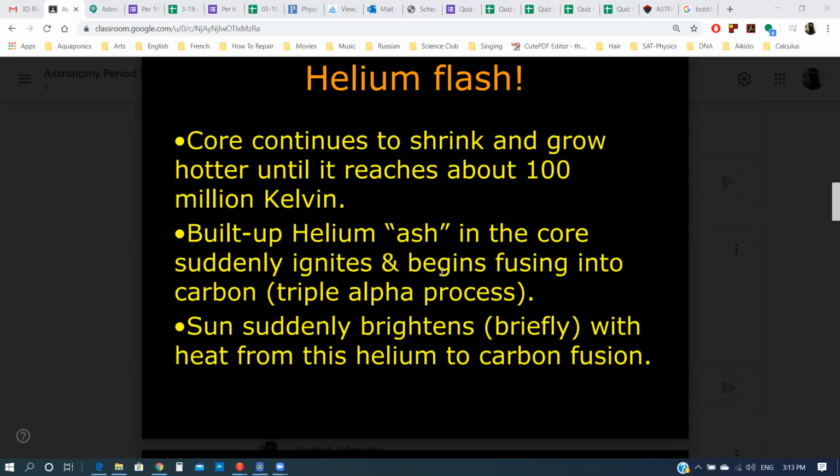Brighter means higher temperature, and smaller means lower luminosity. So even though it's brighter in appearance, it will become a yellow giant star. However, it's going to be smaller than in the red giant phase, and as a result, from a distance, it will look less luminous.